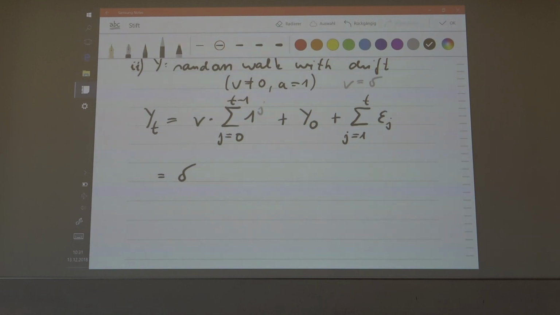So this is going to be t times 1, so you have delta times t plus the starting value plus the sum of the noises. Okay, so here you have the sum of the noises, and this is the linear trend here, obviously, in the data.